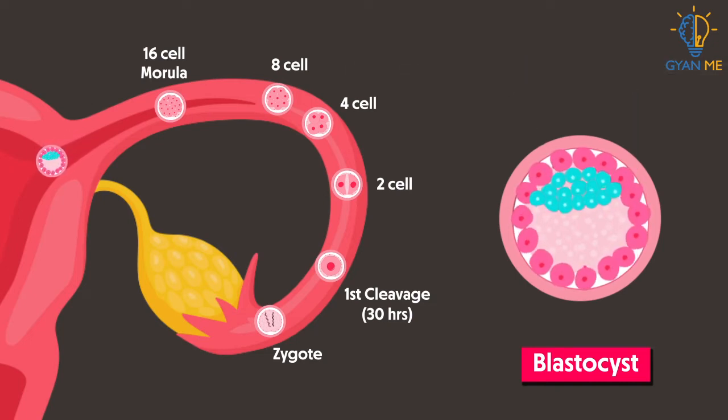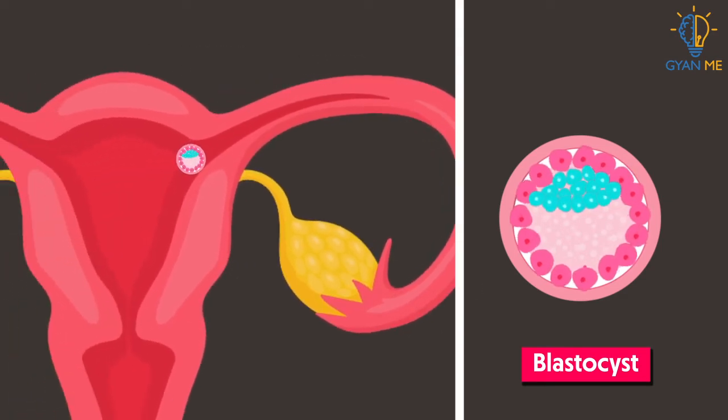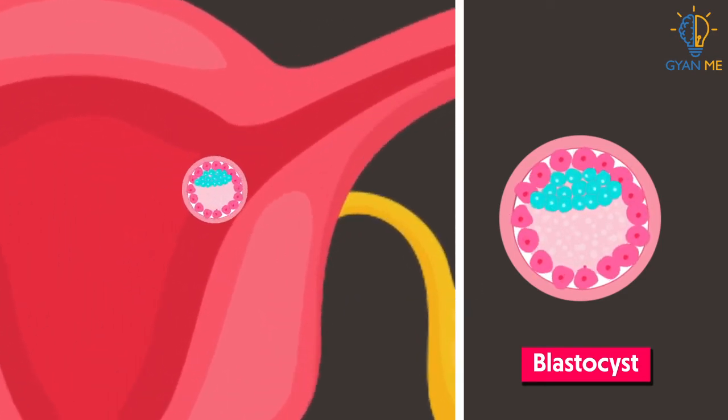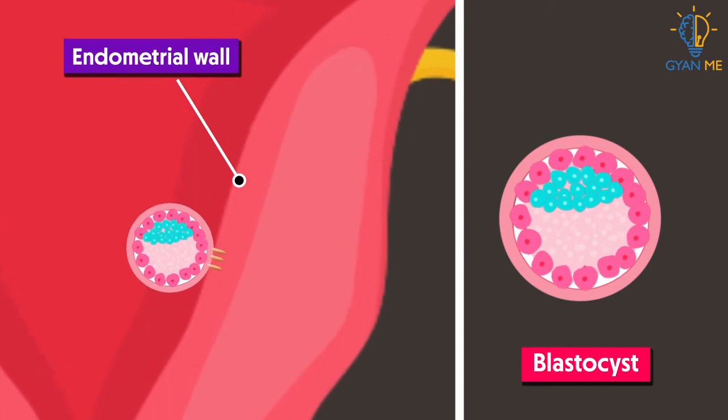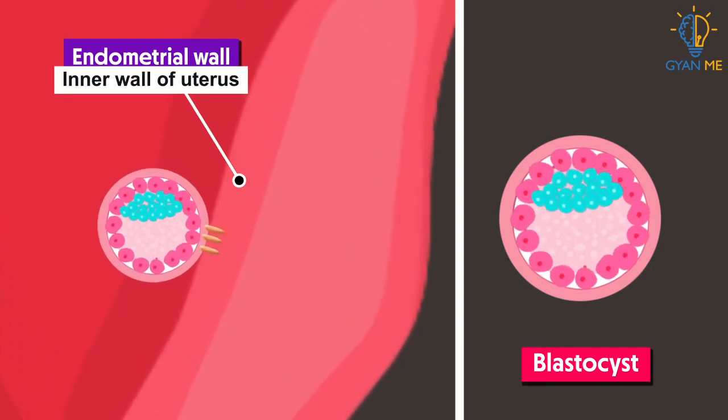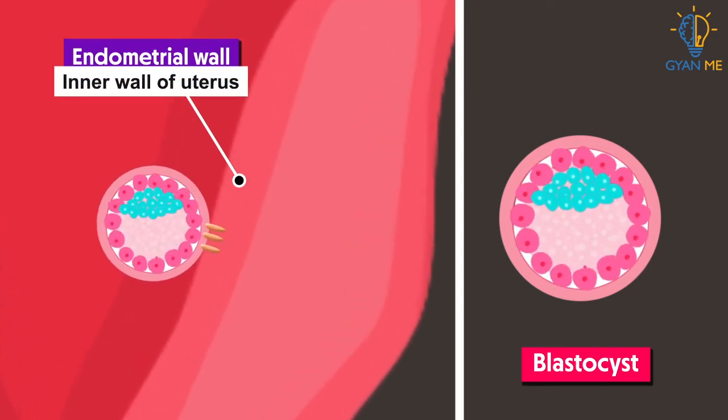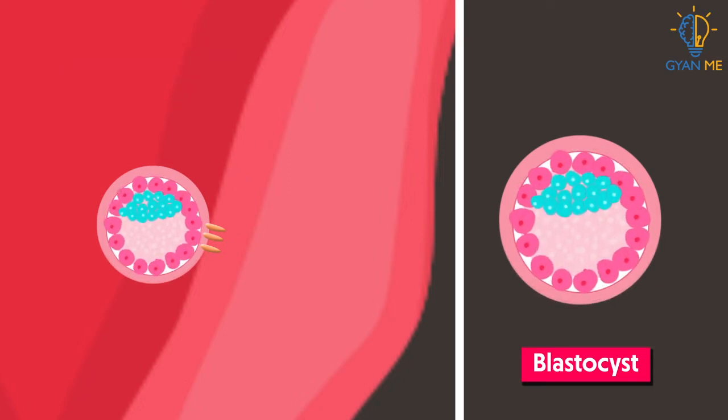Now the blastocyst reaches the uterus and the trophoblast layer gets attached to the endometrial wall, which is the inner wall of the uterus, while the inner cell mass continues to develop as embryo.